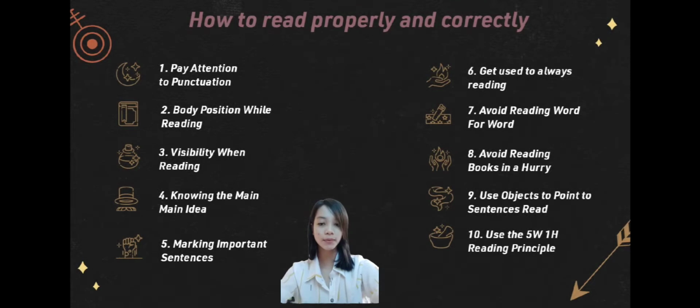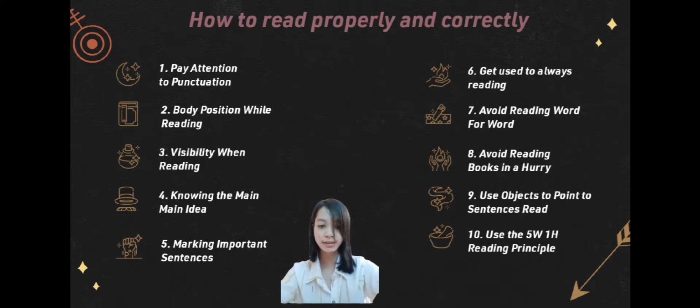D. How to read well. 1. Pay attention to punctuation. When reading, you must pay attention to the reading marks, namely exclamation marks, question marks, period, comma, and the like.